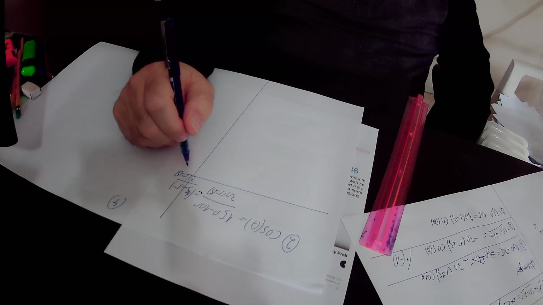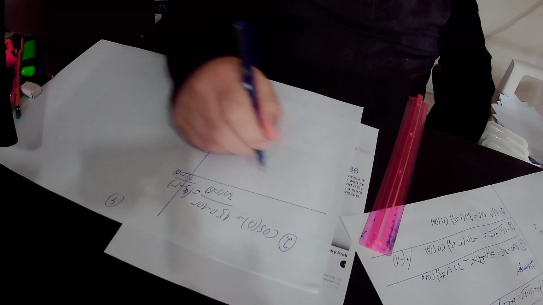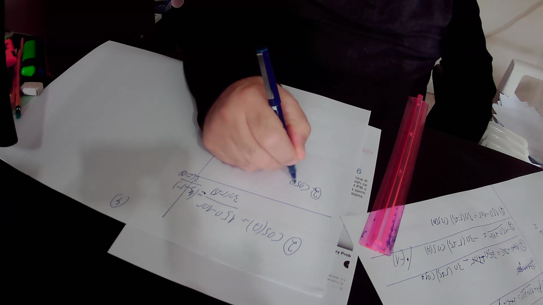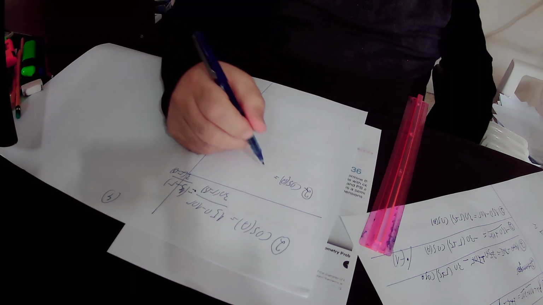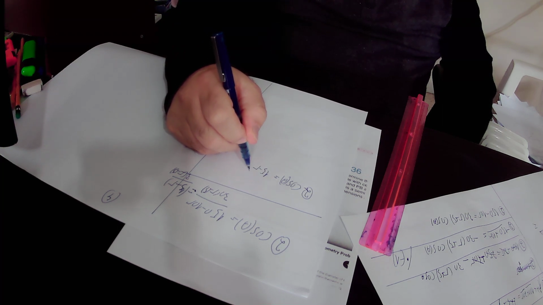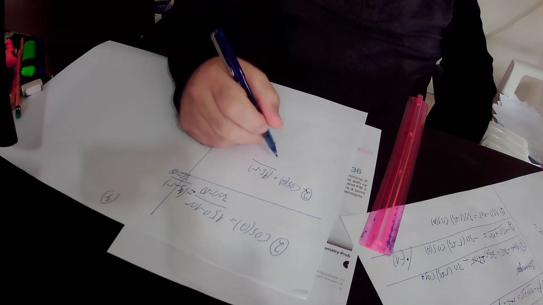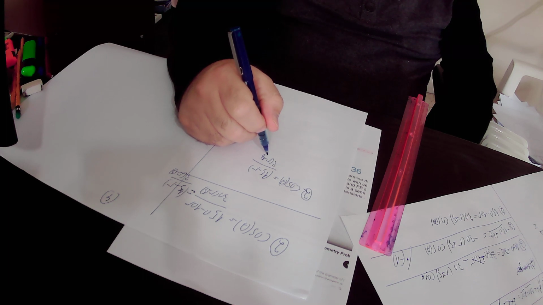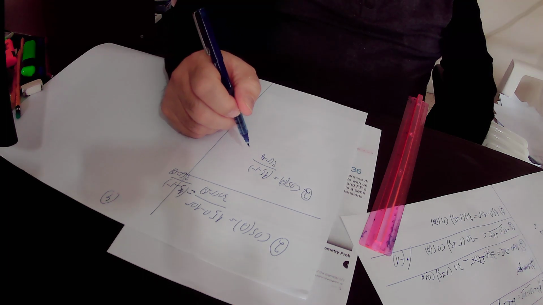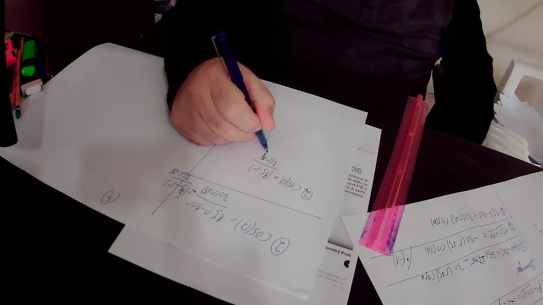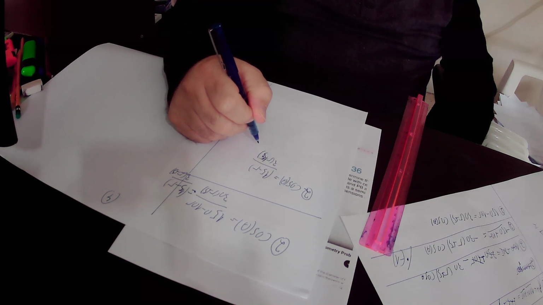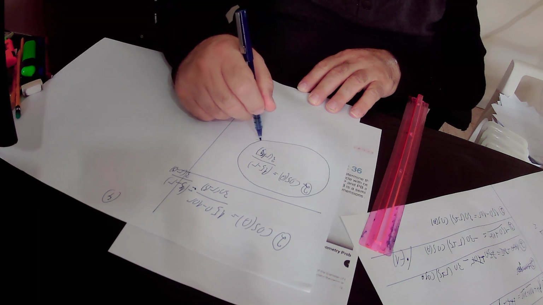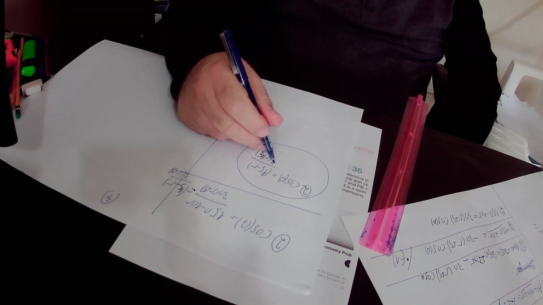So we found out that according to equation number 2, cosine theta is equal to 15 minus r over 3 times r plus 5.